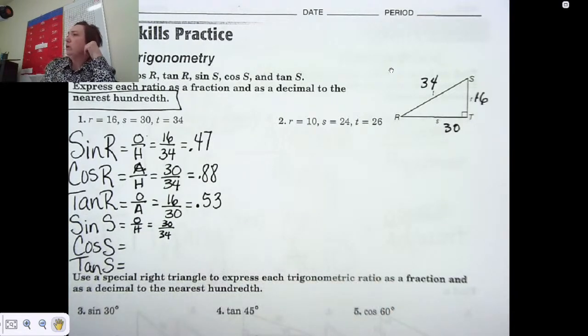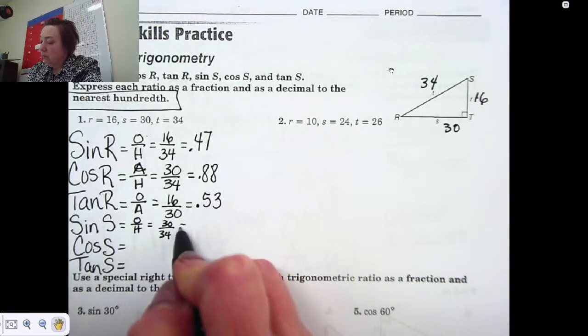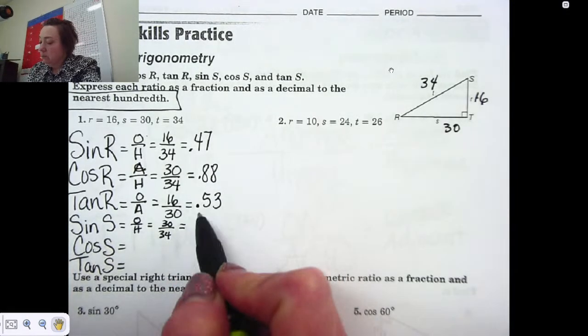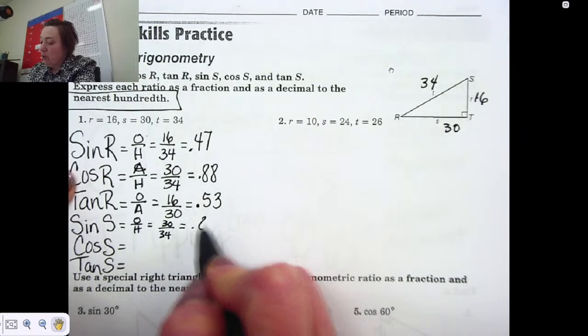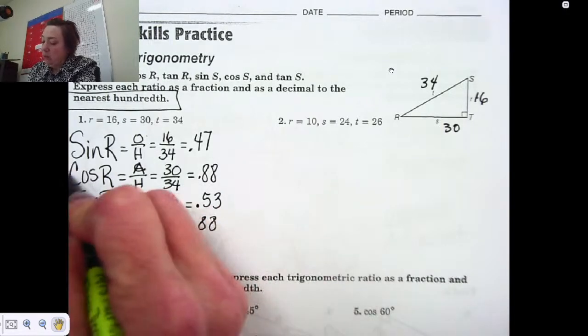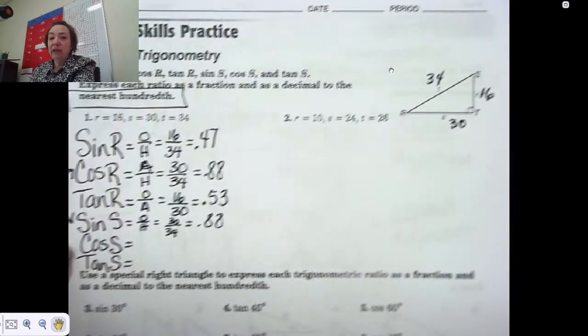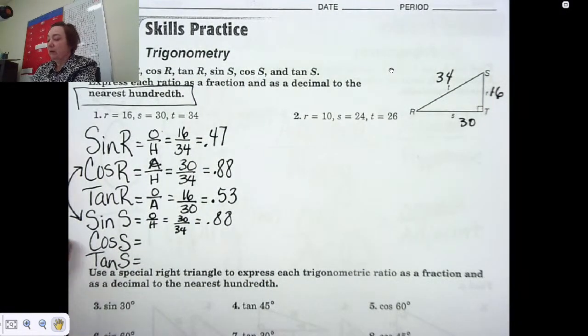Does that sound familiar, 30 over 34? Didn't we do that just a minute ago? Which one was 30 over 34? Cosine. So the cosine of one angle and the sine of the other angle are the same thing, right? Well, let's think about that.